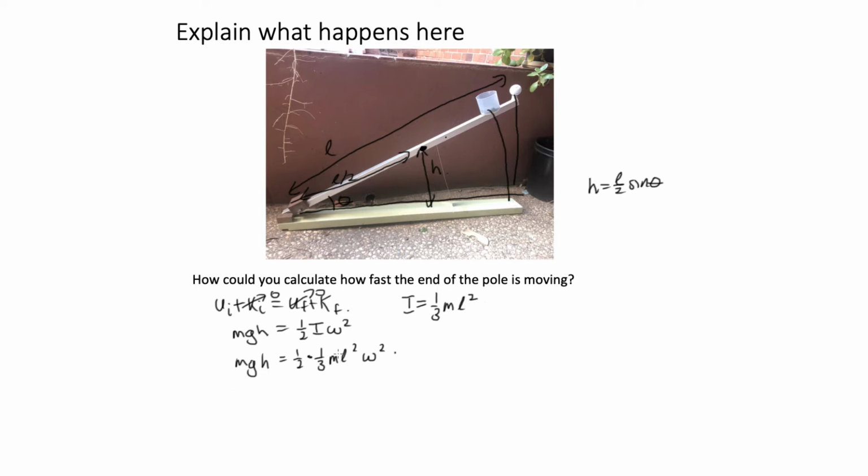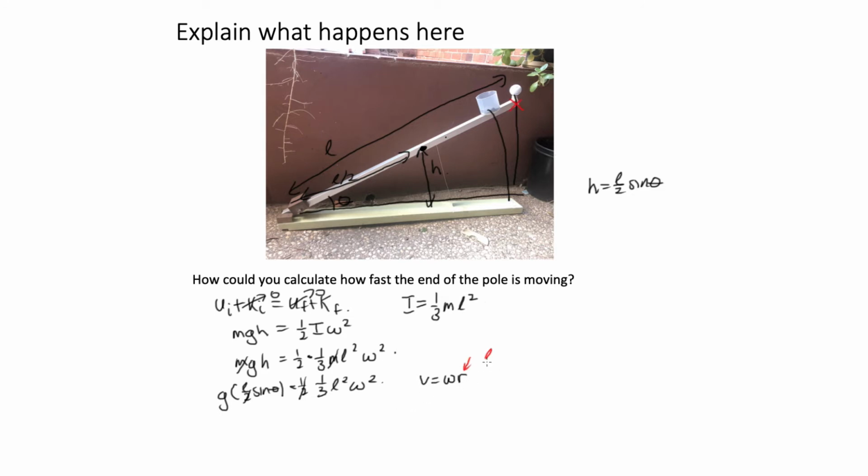So we can cancel out the m's, and then we'll put g times L over 2 sine theta is equal to a half times a third L squared omega squared. So the halves will cancel out, and we can now use V is equal to omega r, and in this case the radius is L because we're considering a point on the end of the rod here.